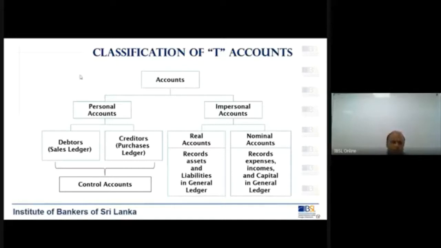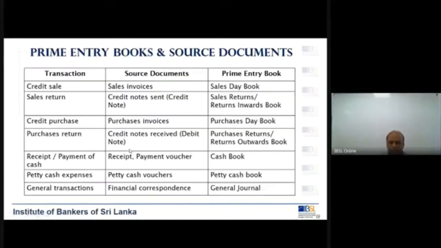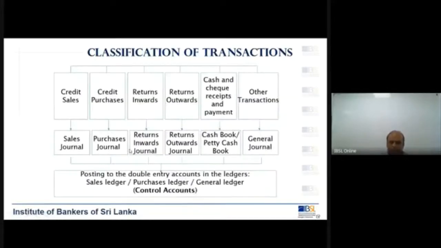So where do the personal accounts lie? In the sales ledger and in the purchases ledger. You know which day books go into the sales ledger and which go into the purchases ledger. For example, the sales journal and return inward journal will go into the sales ledger.